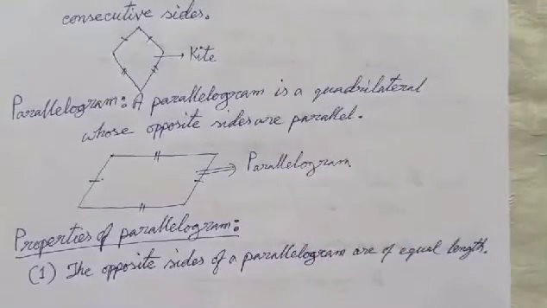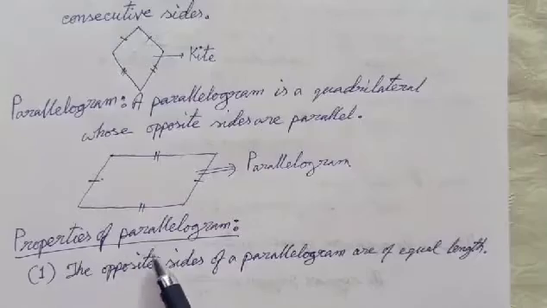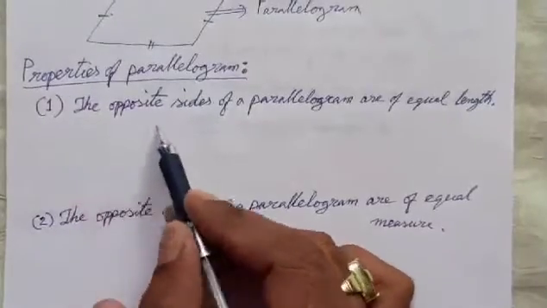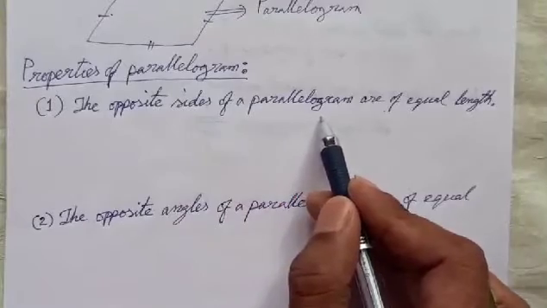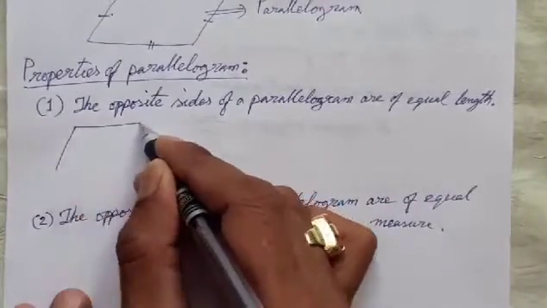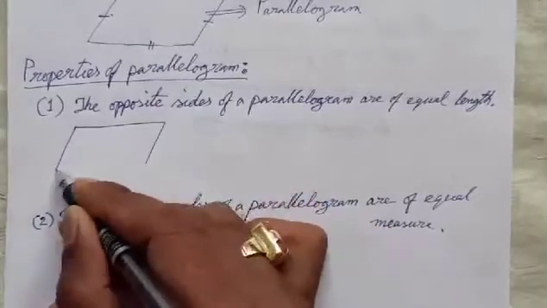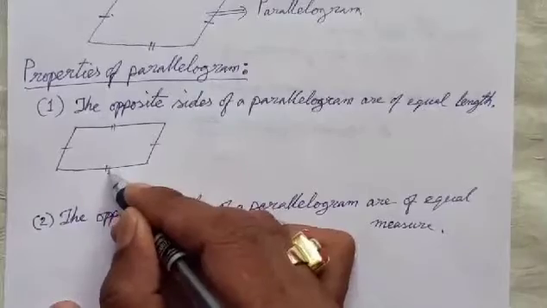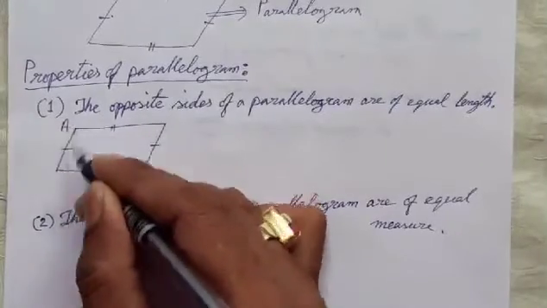Next, let's study the properties of parallelogram. Property 1: the opposite sides of a parallelogram are of equal length. Here, this is a parallelogram because this side and this side are parallel and this side and this side are parallel. Let's name this ABCD.